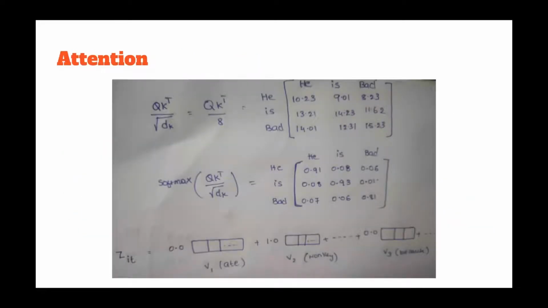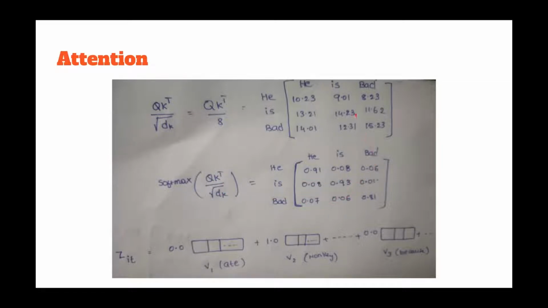You can see it in this diagram. We are doing the dot product and dividing by root dk. The value is 8 because, let's say, the dimension of k is 64. Now the softmax of the result we got in the previous step gives this result.